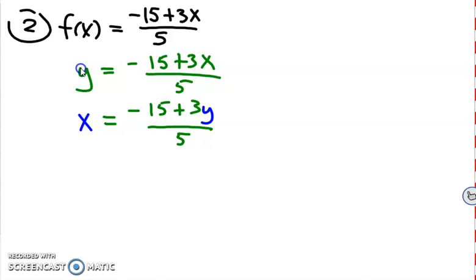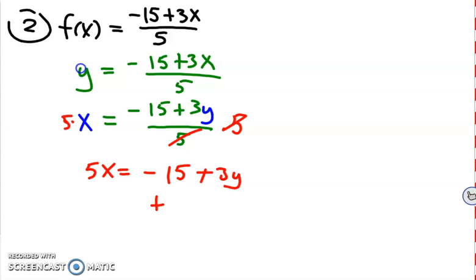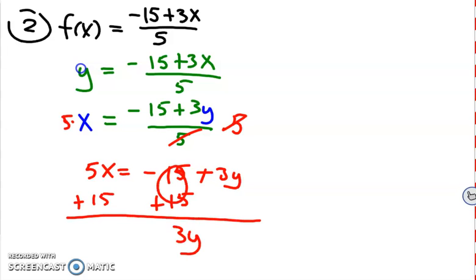So the first step is to multiply both sides by 5 to get rid of the division problem. So 5x is equal to negative 15 plus 3y. Next step is to add 15 to both sides to get rid of the negative 15. So you have 3y.